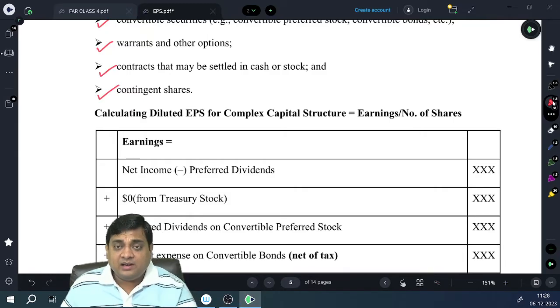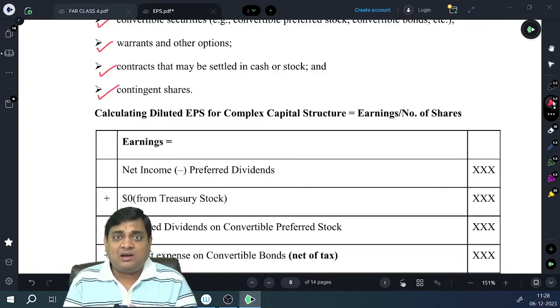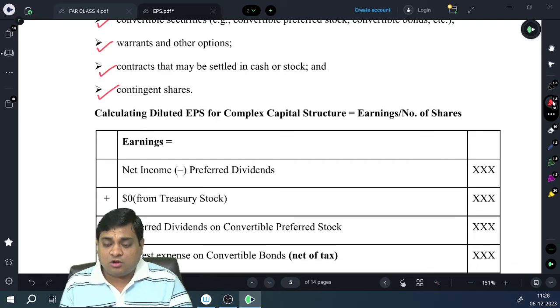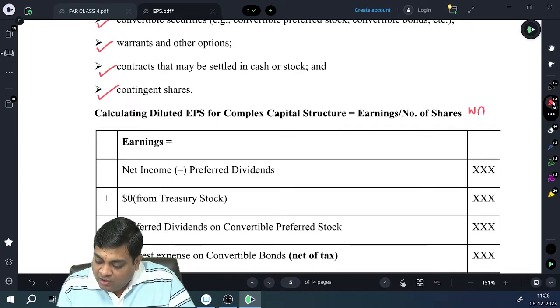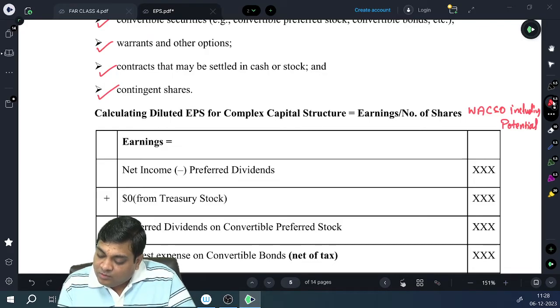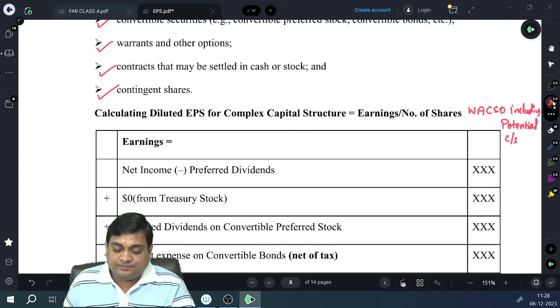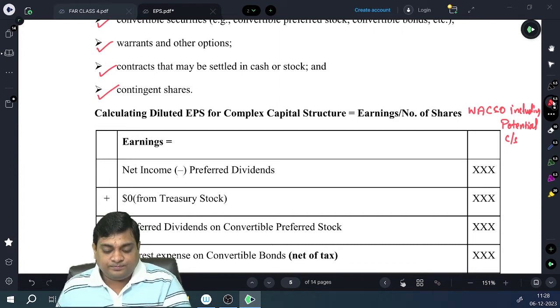Now, how is diluted earning per share calculated? This is the simple formula: earnings divided by the weighted average number of common stock outstanding, including PES. This is WA common stock outstanding, including potential common stock.